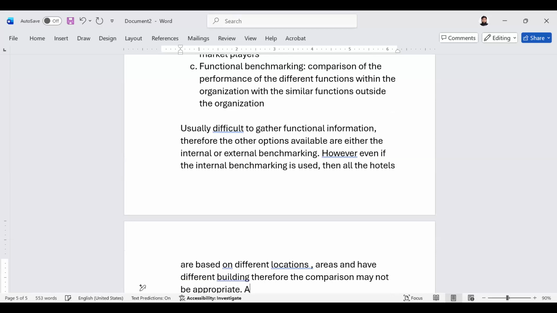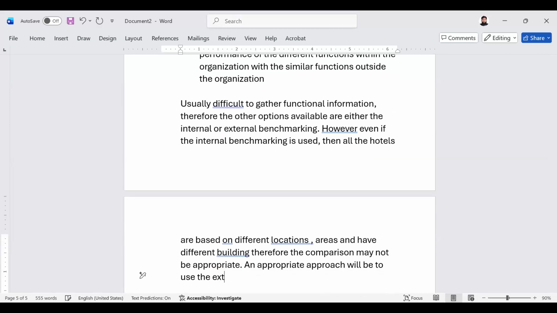A better and more appropriate approach will be to use external benchmarking. Why?